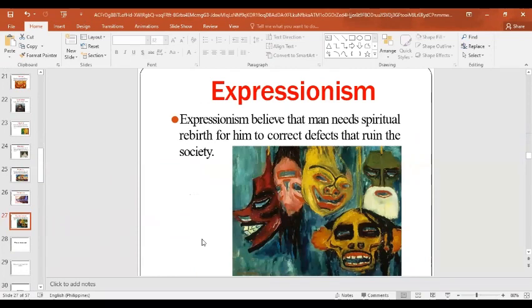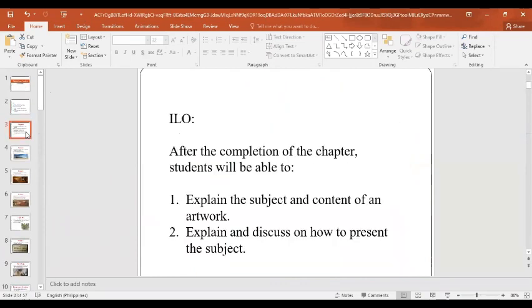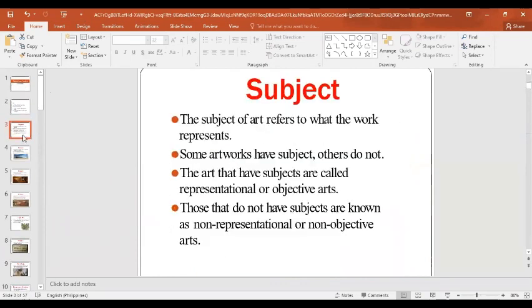So I think before we have the chapter assessment, let's do have a quick recap, okay? So when we talk about the subject, it refers to the main idea. It has something to do with the focal point ng isang art piece.